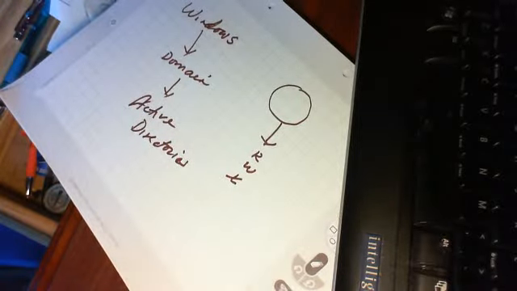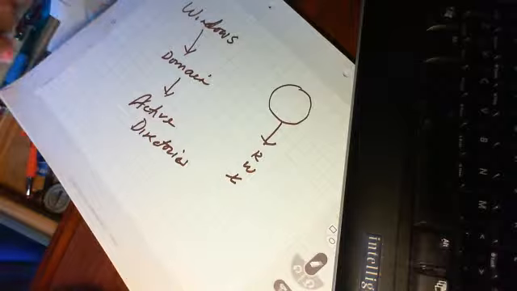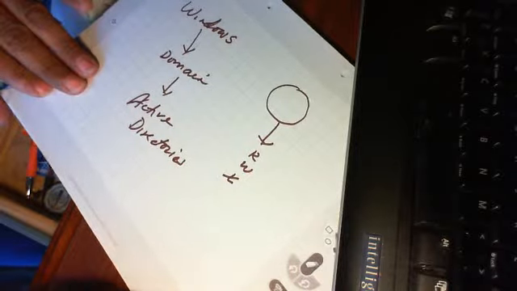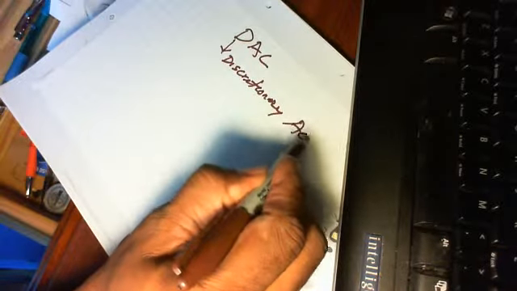Now, there are different models for this that you probably need to know here. There is a model called DAC. DAC stands for discretionary access control.